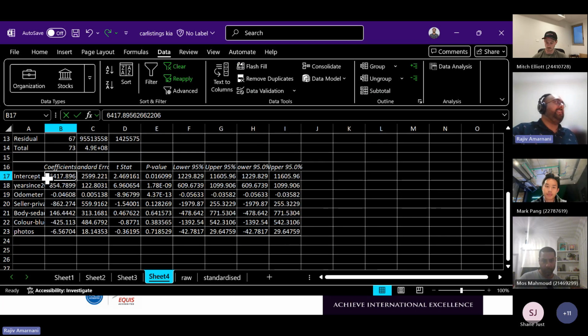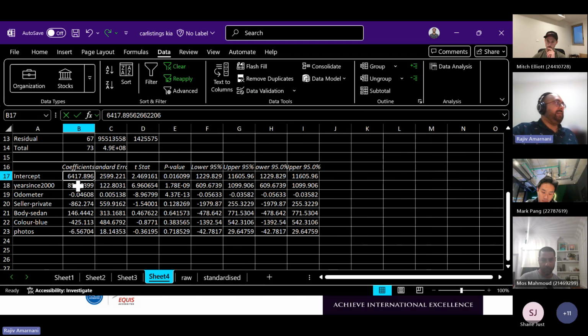This is for a Kia Cerato in the year 2000. And then for every additional year since then, you would be adding $854, subtract 4 cents for every km on the odometer, so on and so forth. But yeah, that is the idea.